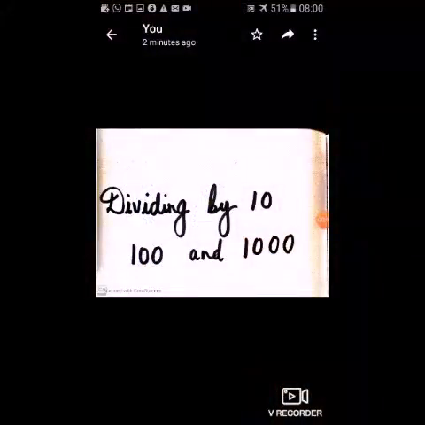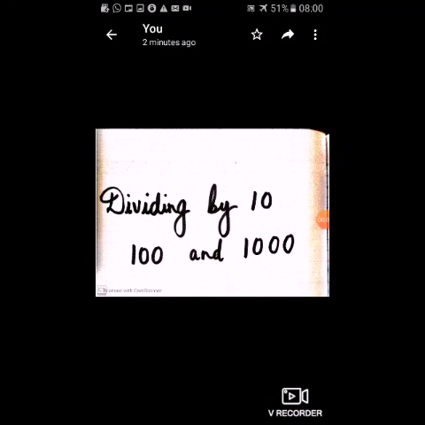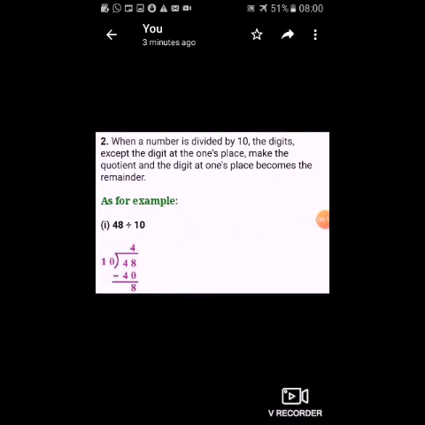Now let's start dividing by 10, 100 and 1000. How will you divide by 10, 100 and 1000? When a number is divided by 10, the digits except the digit at the ones place make the quotient, and the digit at the ones place becomes the remainder.